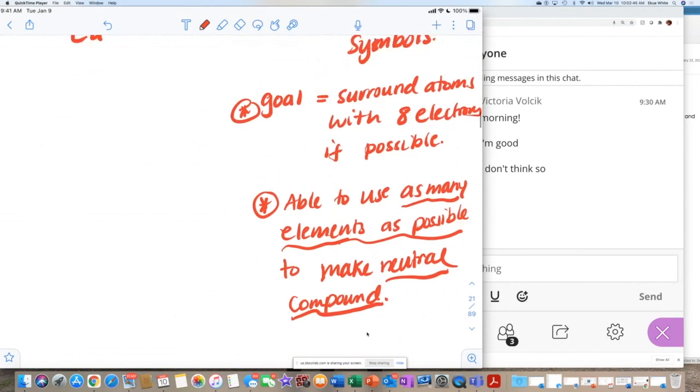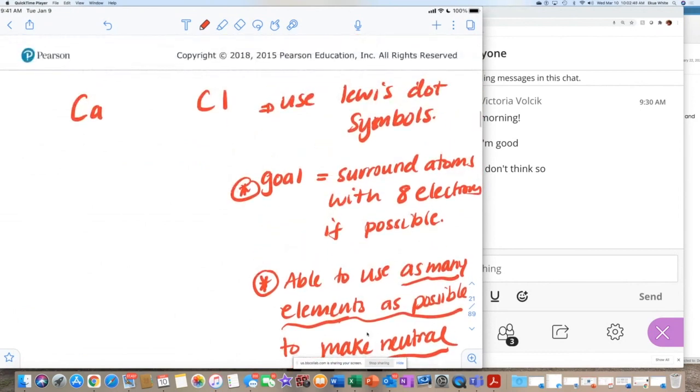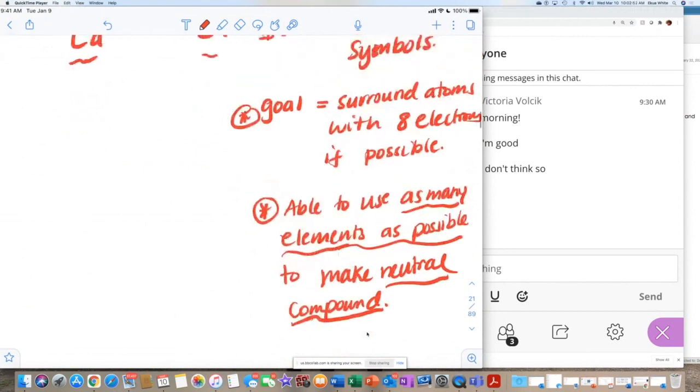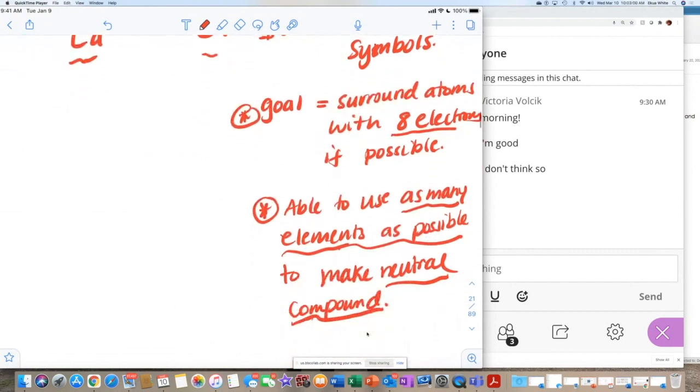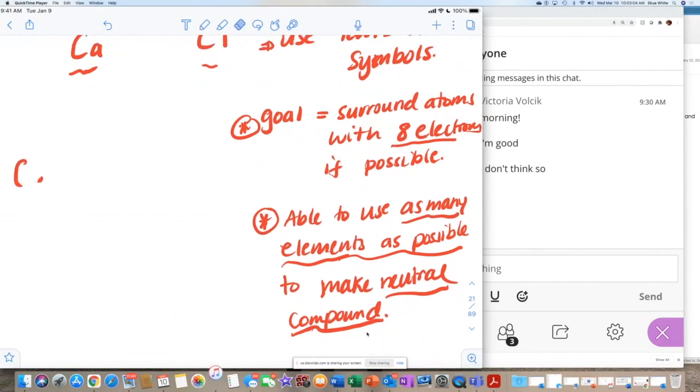Okay? So what are we doing again? Using calcium and chloride to make a neutral compound. In the process, we're going to make sure that each of them, if possible, is surrounded by 8 electrons. Okay, let's start.